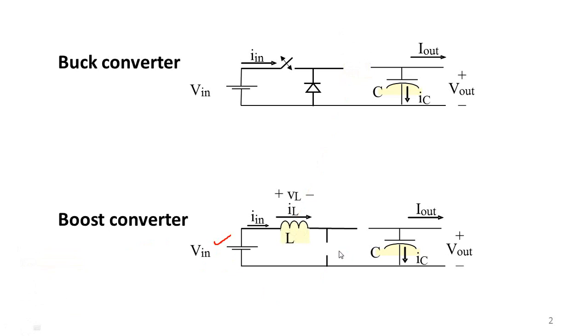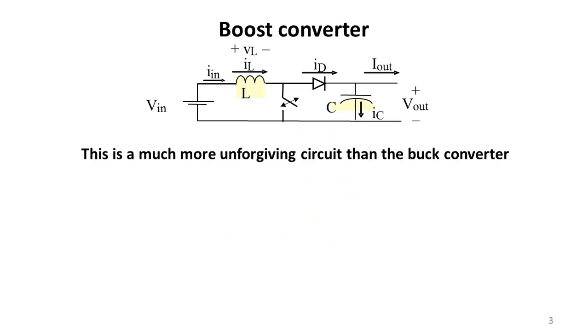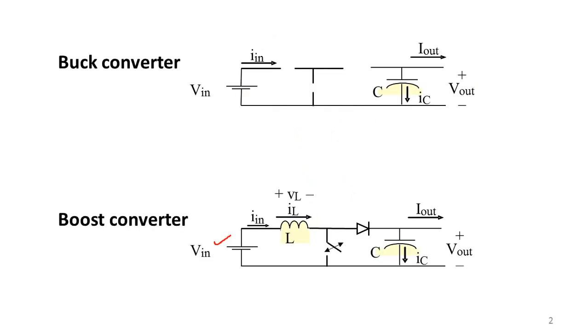The inductor is in series with V DC, a switch is connected in parallel, a diode, and finally a capacitor. So this is what a boost converter is.